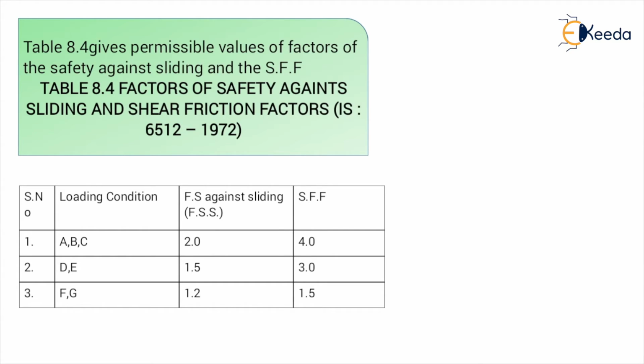Only in the F and G conditions is the factor of safety against sliding 1.2, and here the shear friction factor will be 1.5. In that manner we can find the shear friction factor.